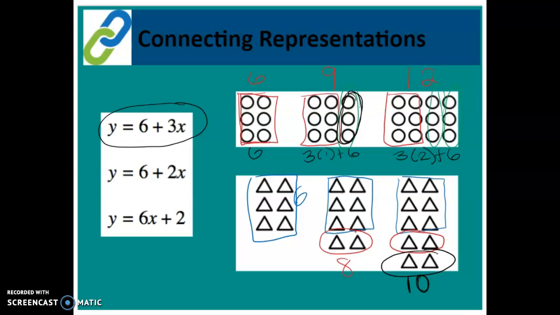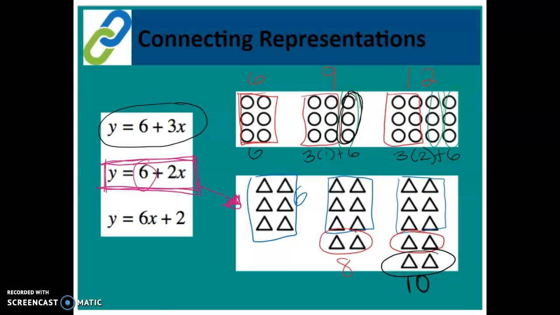So which equation do you think it's going to be? y equals 6 plus 2x or y equals 6x plus 2? Well, it's actually going to be the middle one right here. Again, I originally started with my 6 triangles. For the first one, I started with 6, so that's where this 6 comes in.